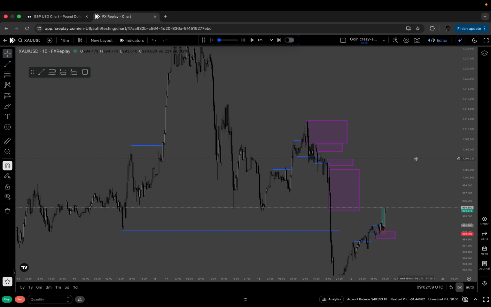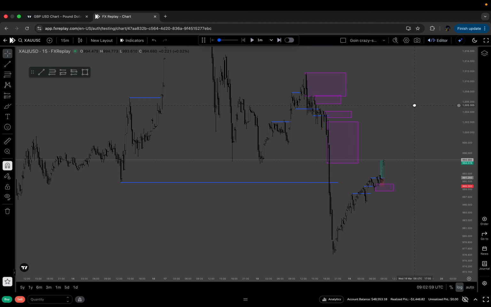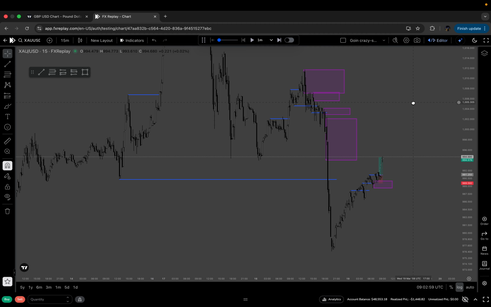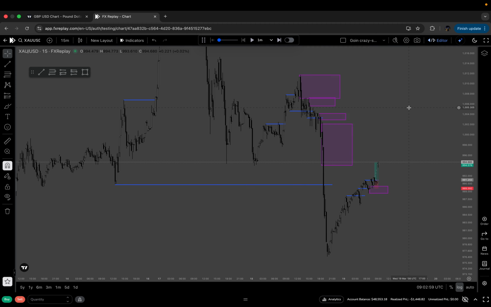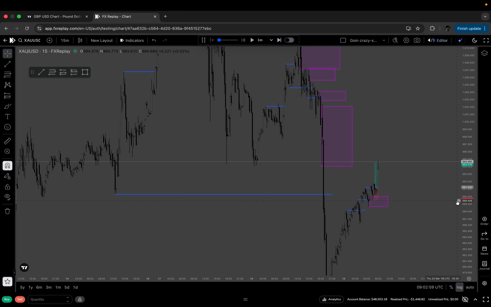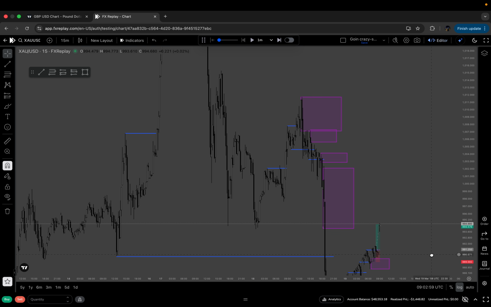So that's why I brought across my point the other time, when we talked about how price can be really manipulative on the lower time frames. And that's why we made that rule of sticking to the higher time frame. But yeah, I just want to go over some of the trades.